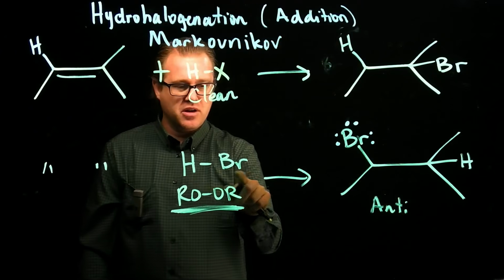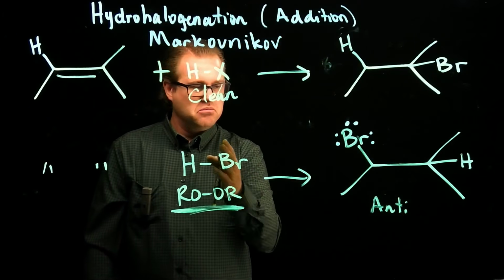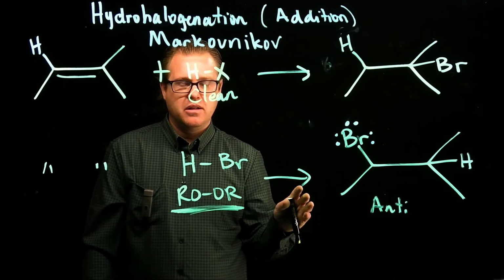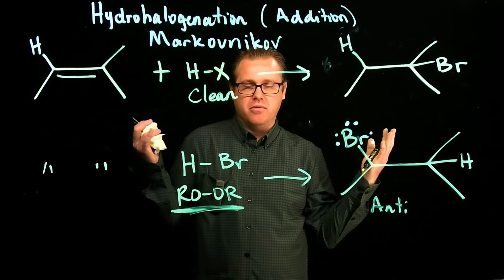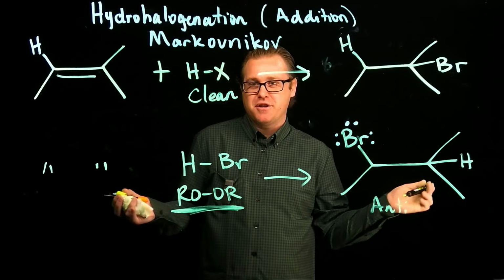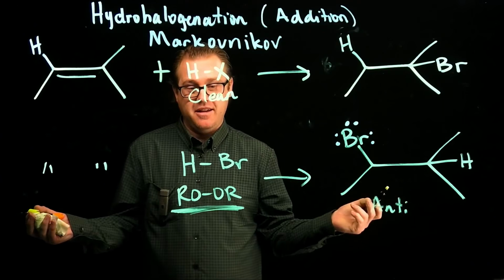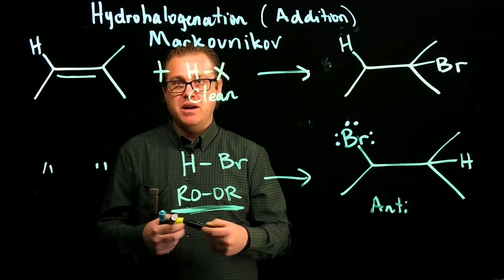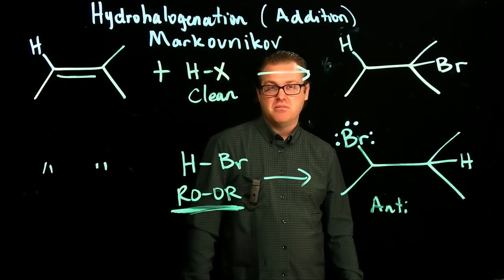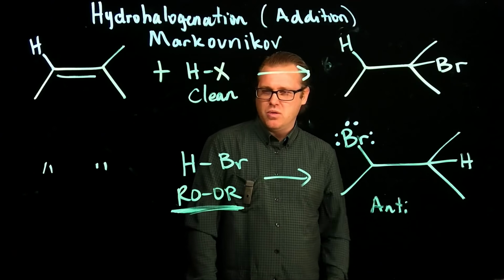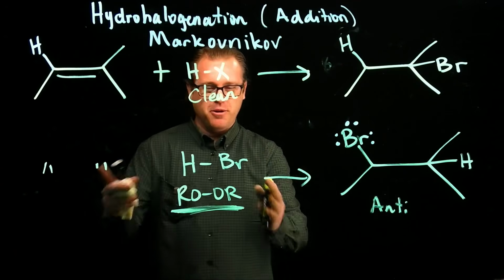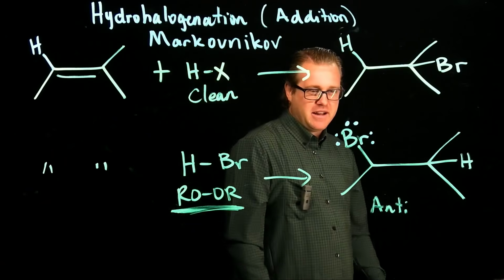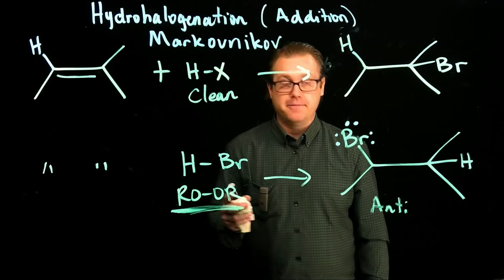If you replace this with a chlorine or an iodine, the anti-Markovnikov product doesn't form. That's just mind-blowing. What's going on here? What's so special about bromine that it does anti-Markovnikov reactions, but iodine and chlorine do not? Isn't that so cool? But we will explore that later. It all has to do with the mechanism. The mechanism will help us figure that out. But you need to be aware of that.